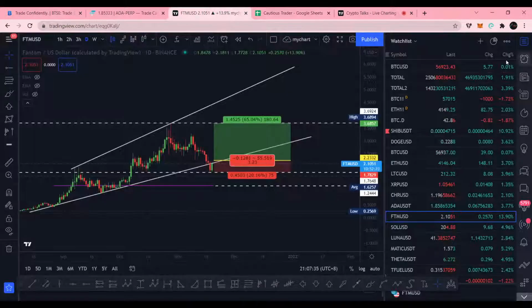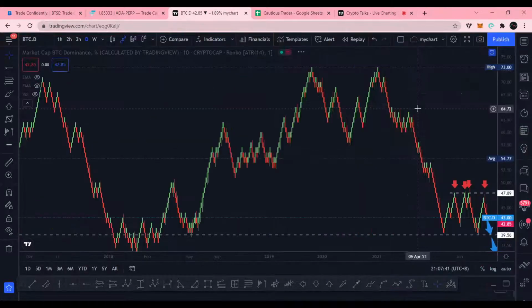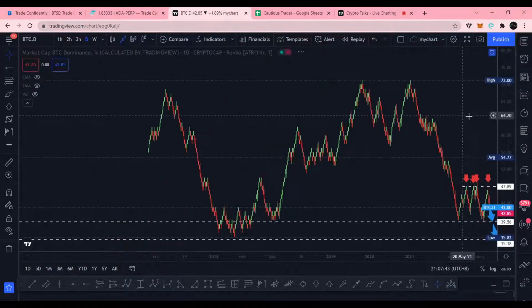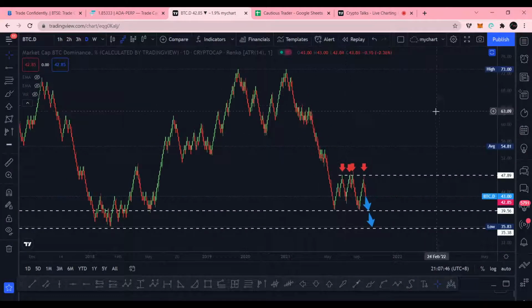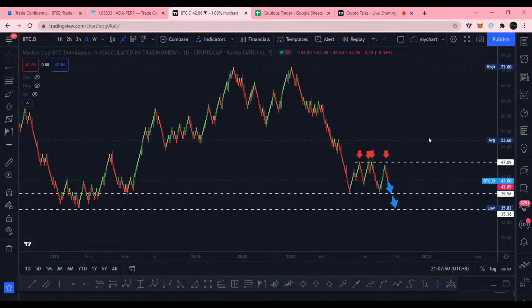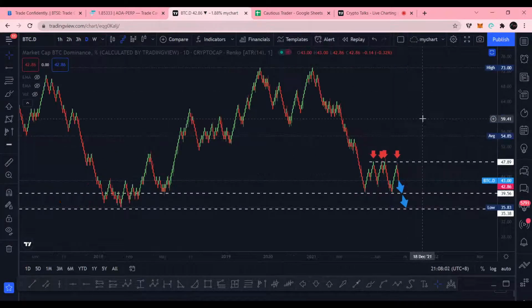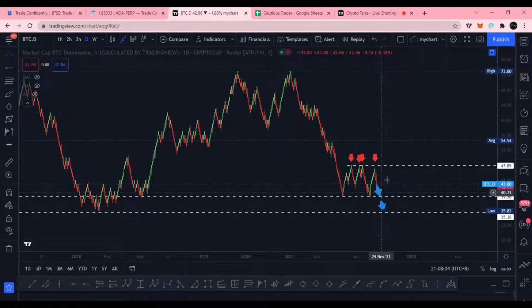So let's move first here, and I'm gonna use the Renko chart here because it's one of the reasons why most of my trades are in altcoins. BTC dominance was rejected at 47.89% and is currently moving towards 39.56% dominance.